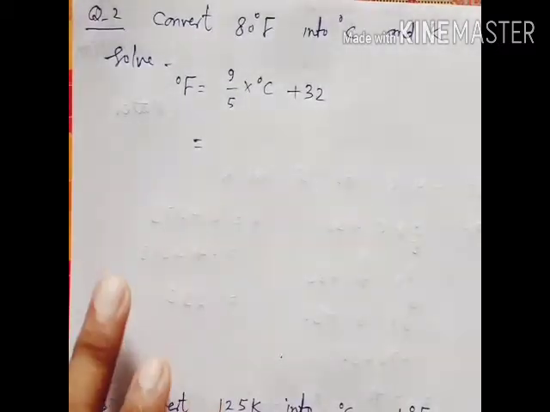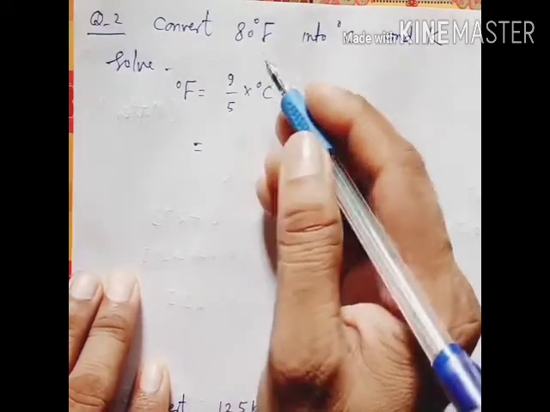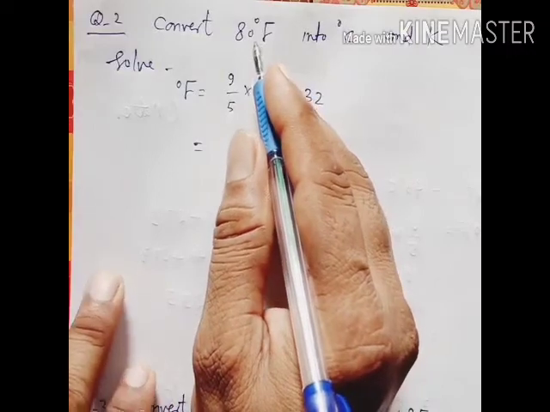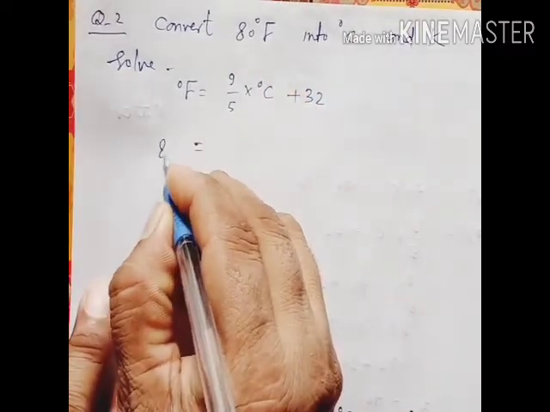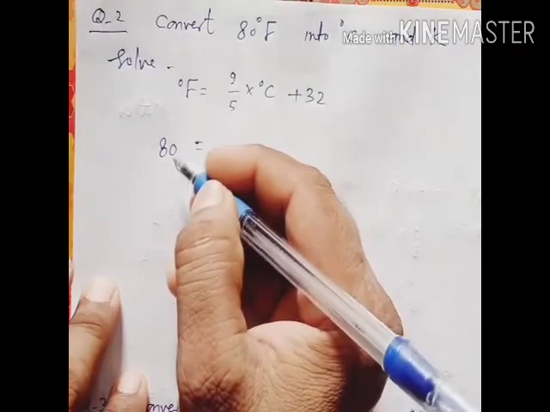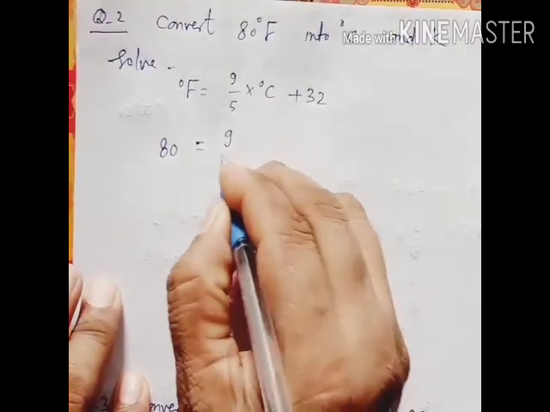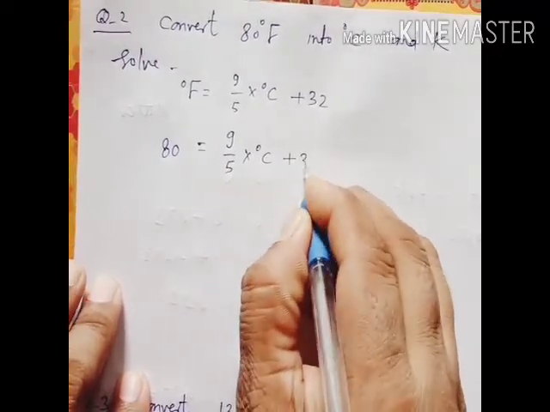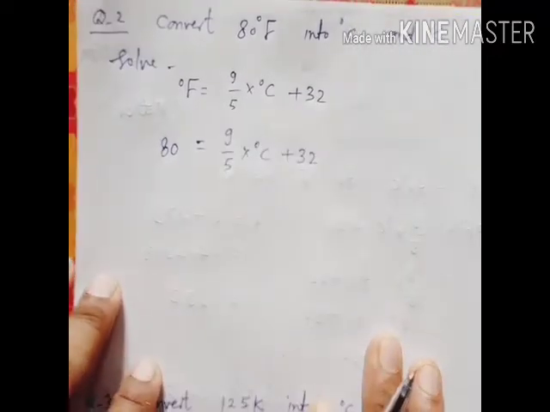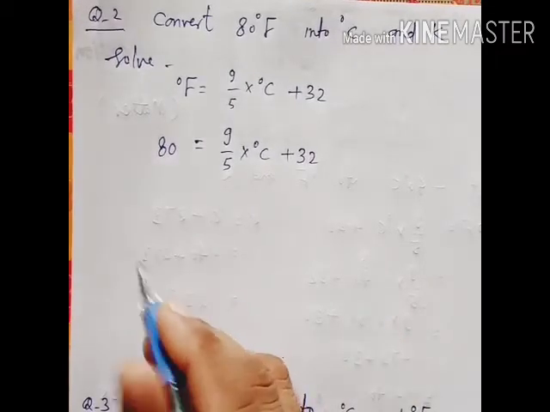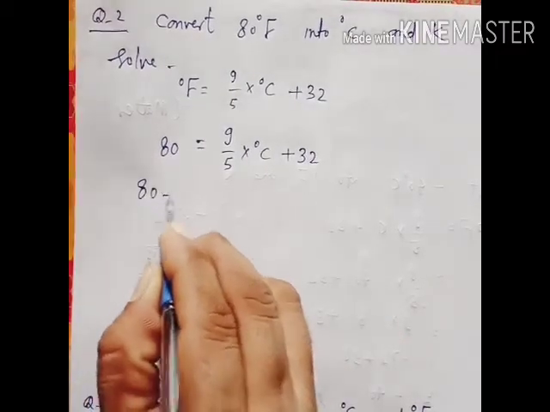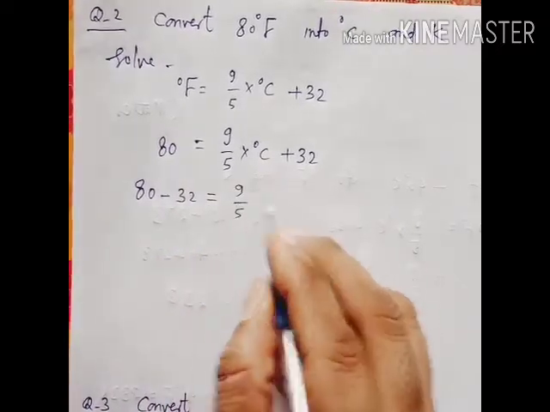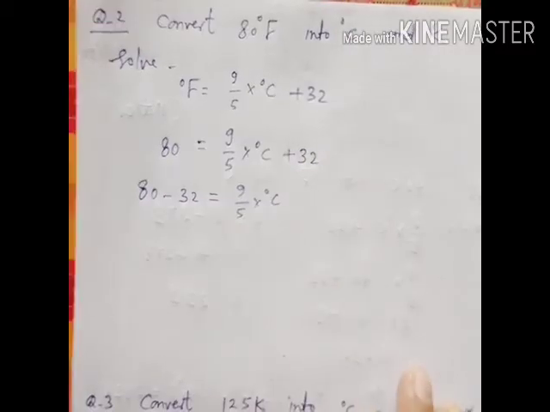But here the temperature is given in degree Fahrenheit, so we have to put the value of degree F is equal to 80. Then we transfer 32 to the left side. Then we get 80 minus 32 is equal to 9/5 into degree C.